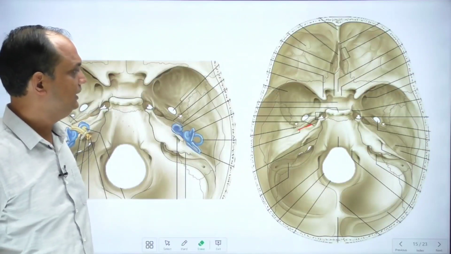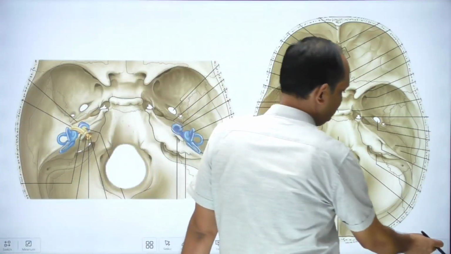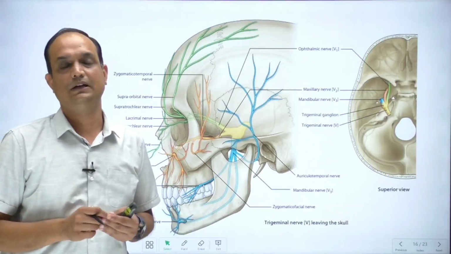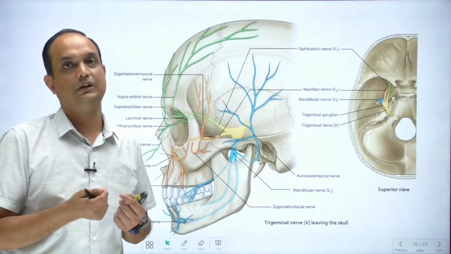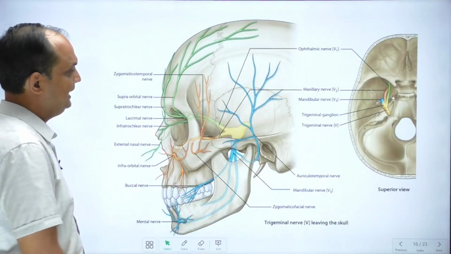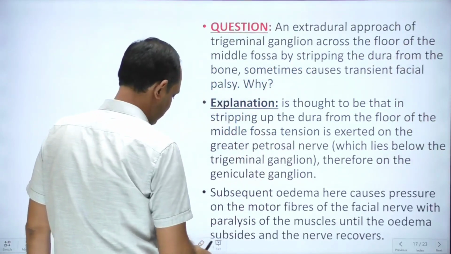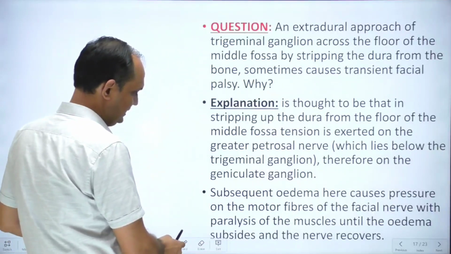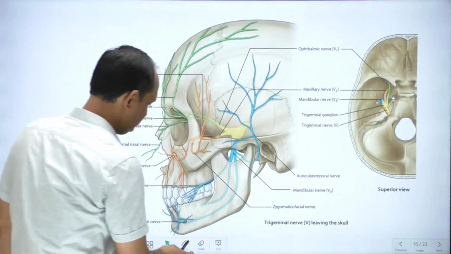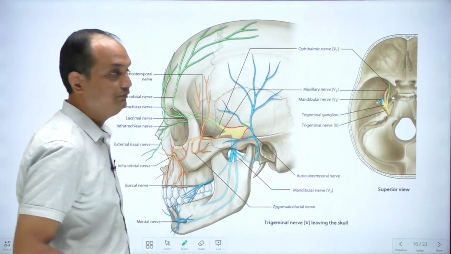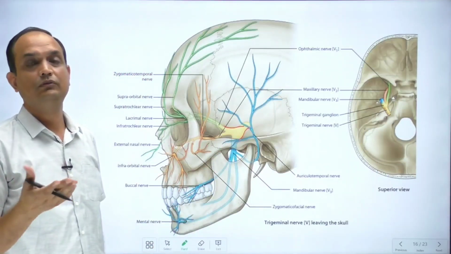So what is the question here? That sometimes what will happen when you are doing stripping of the dura mater, this nerve is also damaged. Now in this diagram you can see that this is your trigeminal ganglia. Now this trigeminal ganglia is related with the greater petrosal nerve below.